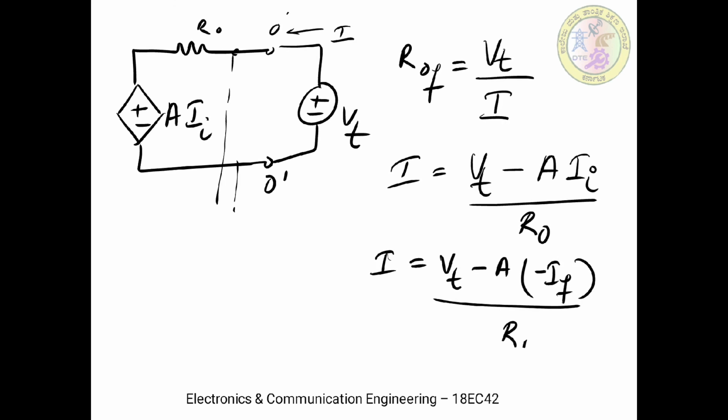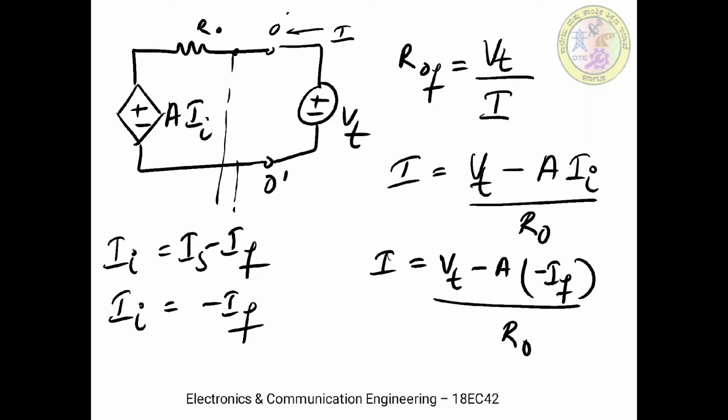In the shunt configuration, while measuring the output resistance R0, IS is made equal to 0. When IS is equal to 0, the input current II will be equal to only minus IF, because II is equal to IS minus IF. That is what we have substituted here.